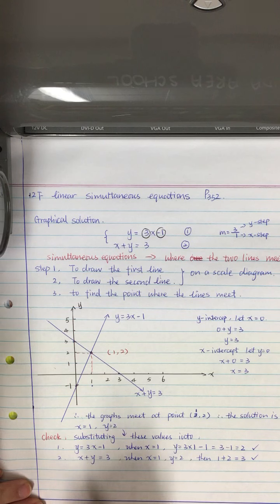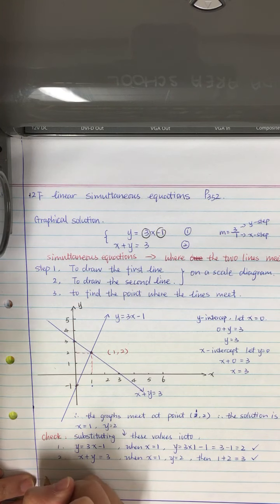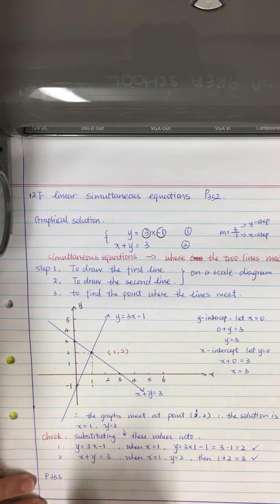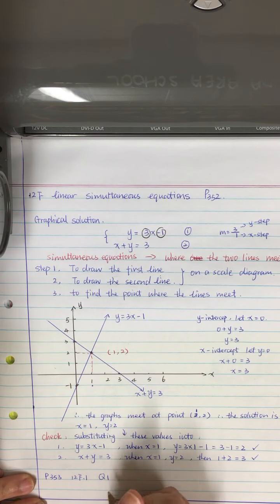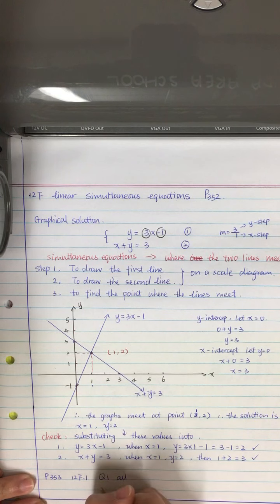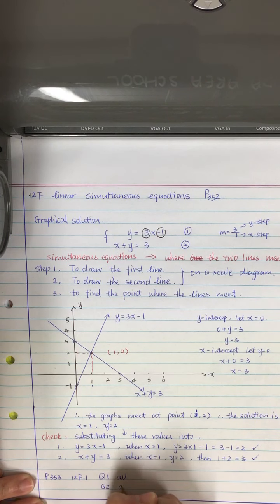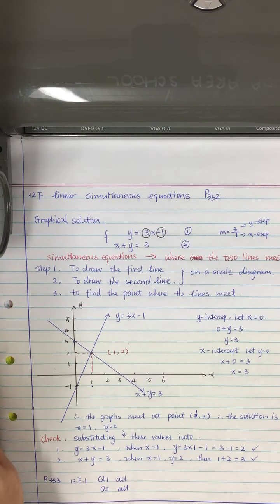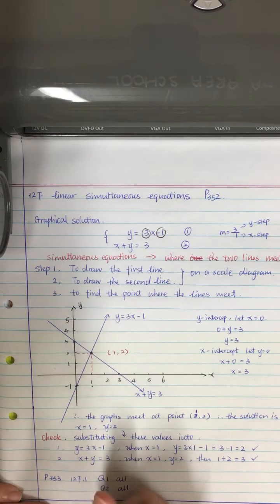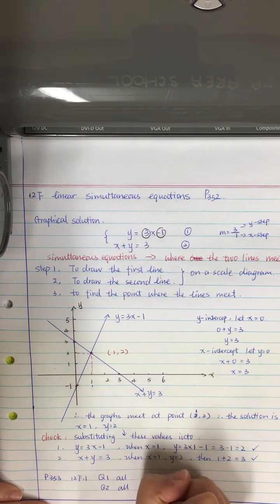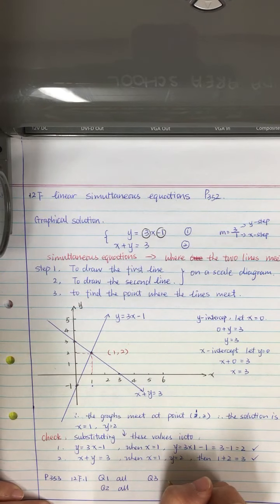Can you please do page 355, 12F.1, question 1, O, and question 2, O. And question 3, just the A and B, or probably all of them.